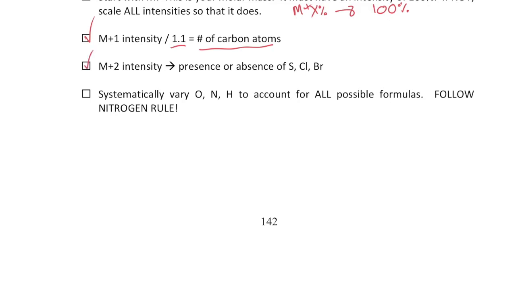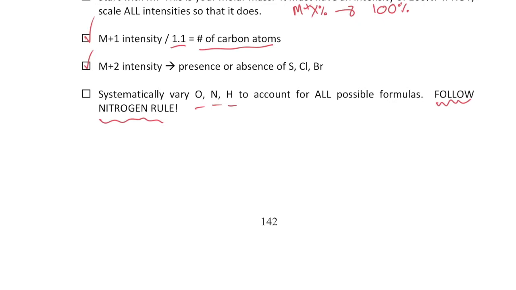Okay. After that, those are your for sure items. They're in your formula. You will add all of those masses up, and if you equal your total mass, you're done. But most likely you didn't because you have to account for hydrogens. So anything left over will be given to oxygen, nitrogen, hydrogen, and we will vary that until we get a reasonable formula. Don't forget your friend, the nitrogen rule.